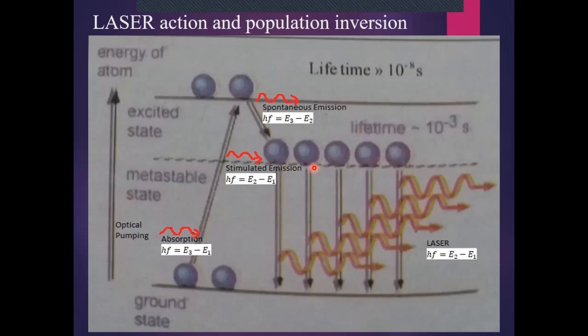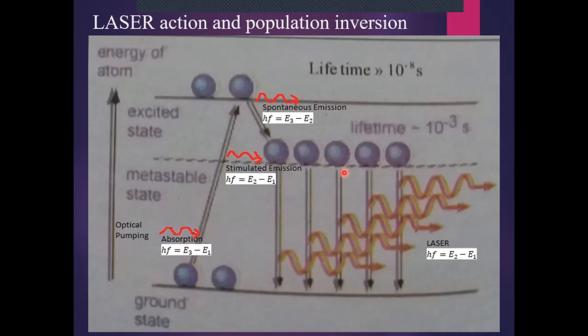This can be understood by a simple example. If there is a room having two doors, from one door the people are coming in at a higher rate, or quickly entering the room, but from the other door the people are leaving the room at a slower rate, or slowly. So with time, the number of people inside the room goes on increasing. Due to a similar phenomenon, the population inversion is achieved.